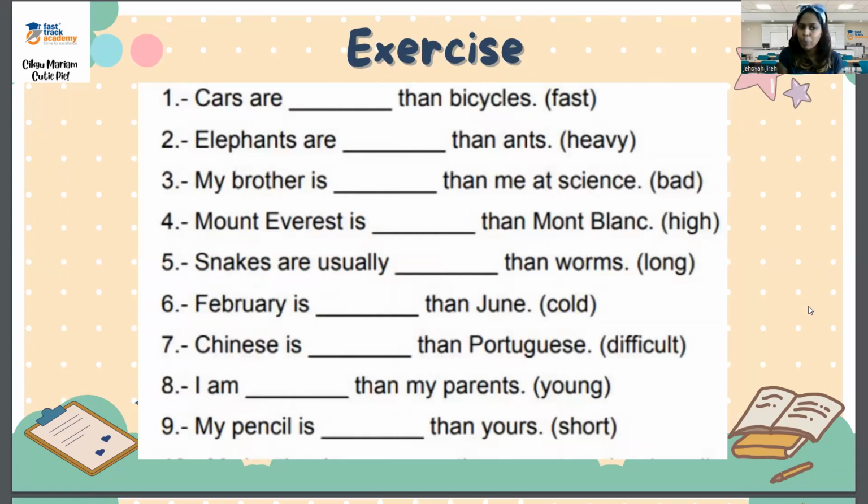Okay, so from number 1 to number 9, as usual, take some time, write down your answers, try to pause the video instead of looking at my answers, and you can write down your answers. All right, take some time. Okay, now once you're done, we can discuss. Okay, we shall discuss the answers now.